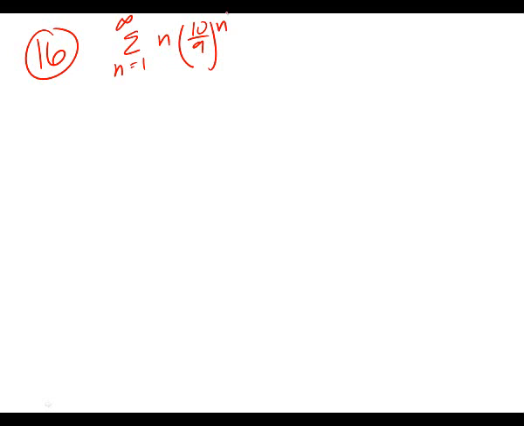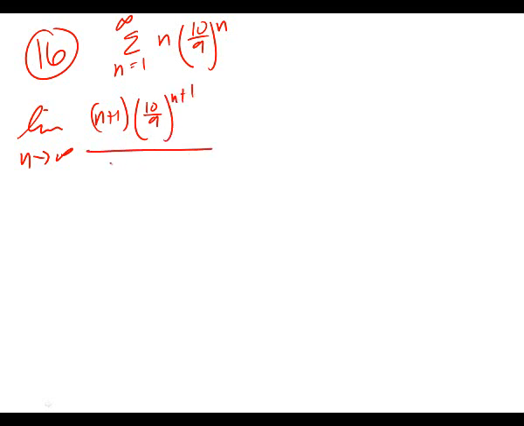Okay. So ratio test says, I'm going to skip the absolute value part, so the limit as n approaches infinity. I'm plugging in the n plus 1 into it first, so n plus 1 times (10 over 9) to the n plus 1 over, you guys, let's pay attention.